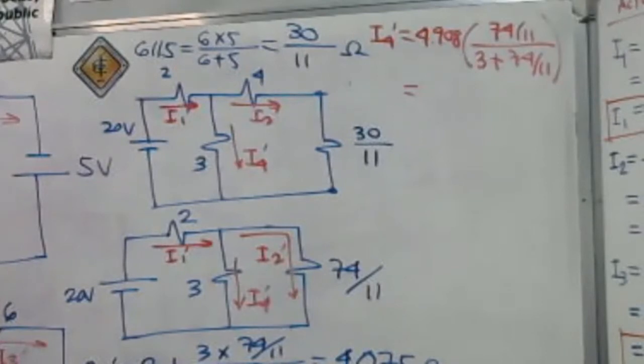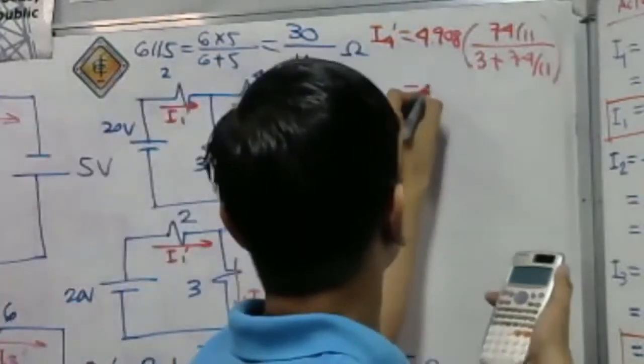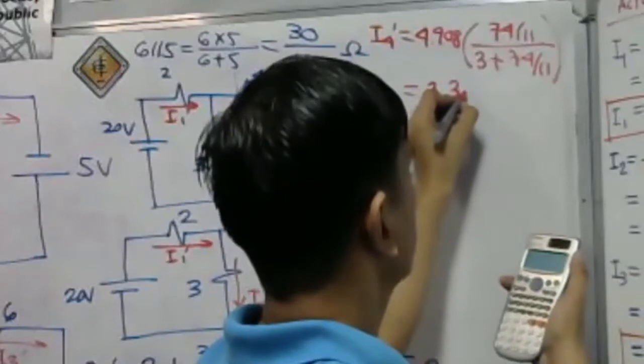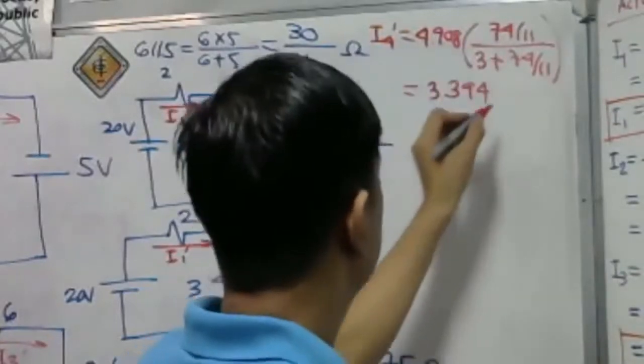This is 4.908 times 74 over 11, then divided by 3 plus 74 over 11. So our answer here will be 3.394.